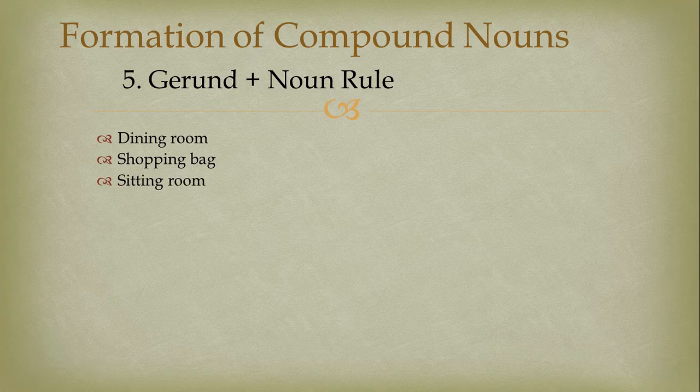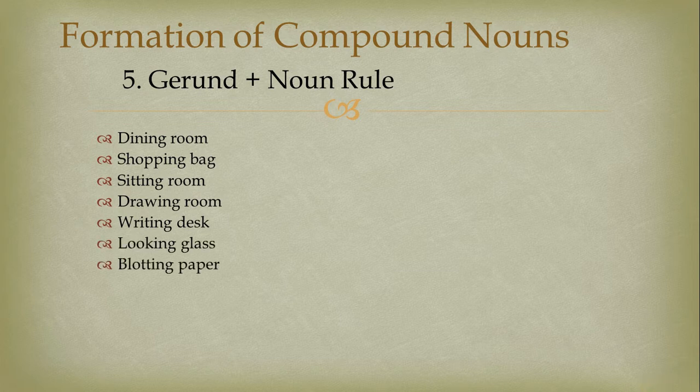Sitting room, sitting is a gerund, room is a noun. When combined, sitting room is formed, which is a compound noun. Drawing room, writing desk, looking glass, blotting paper. These are the examples of gerund plus noun rule, which is rule number 5 to form compound nouns.